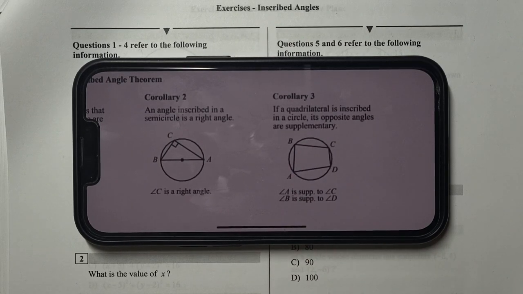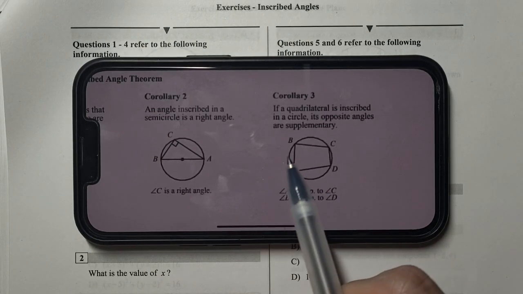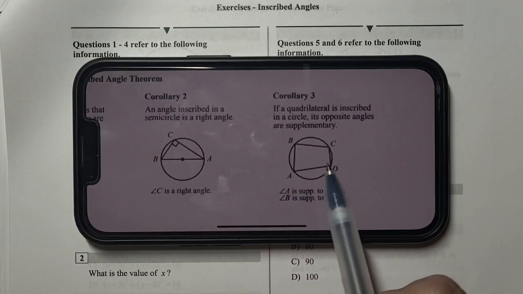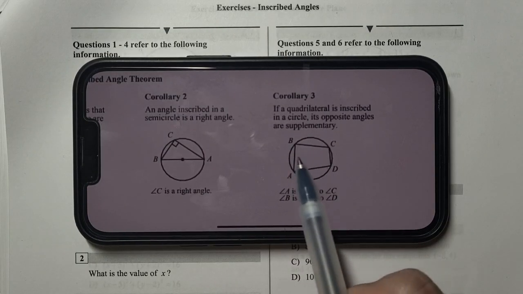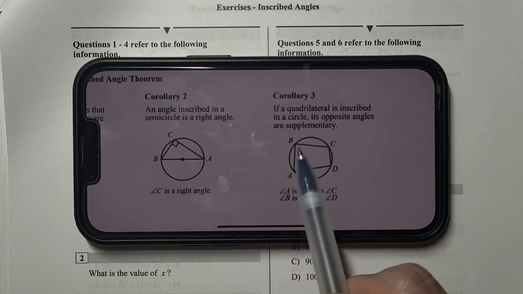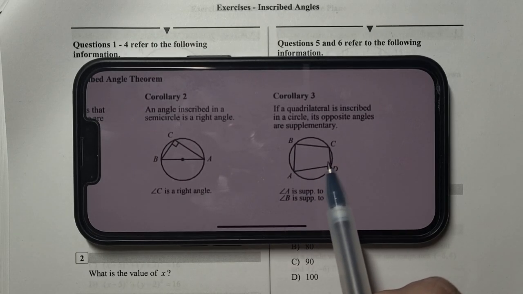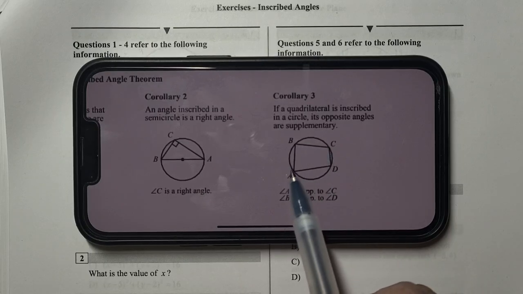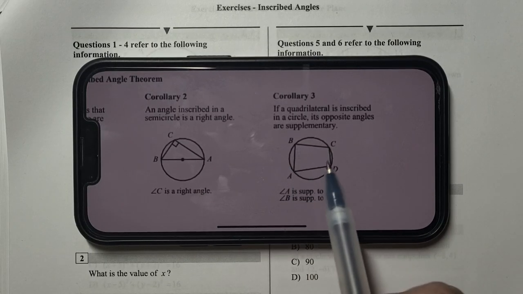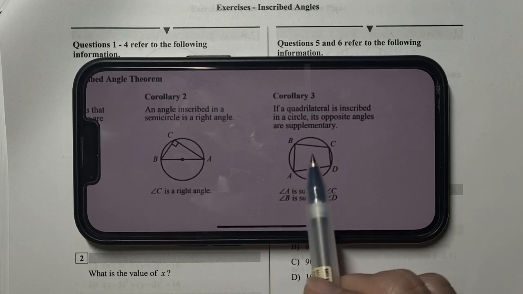And corollary 3, if a quadrilateral is inscribed in a circle, its opposite angles are supplementary. And this makes sense as well because let's look at B and D, okay? These are opposite angles. What arc does this inscribed angle B intercept? This one over here, right? How about this inscribed angle D over here? It intercepts this arc. This whole circle, notice, is 360, so the sum of these two angles should be half of 360, which is 180, so that's why they're supplementary.